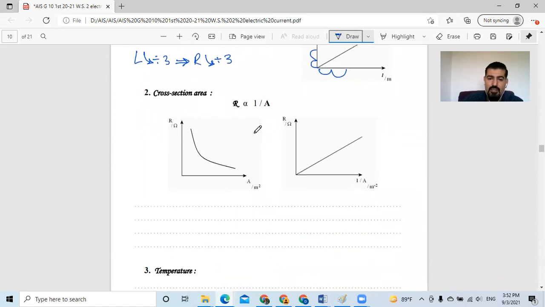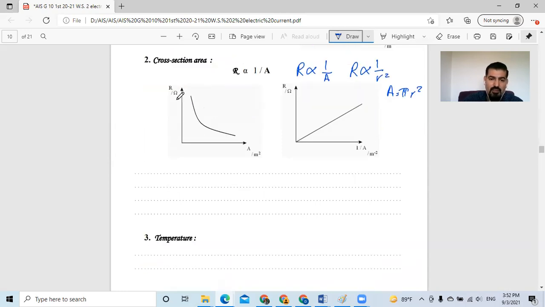Another thing, the cross-section area. As you can see here, the resistance is inversely proportional with the area. And we know that the area is pi r squared. That means the resistance is inversely proportional with the radius squared or the diameter squared. So this is the inversely proportional relationship between the resistance and the area.